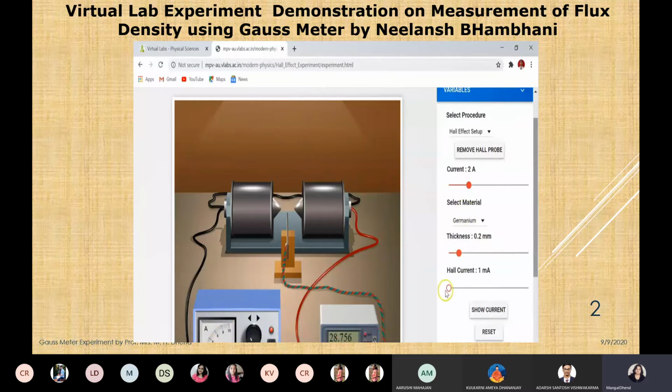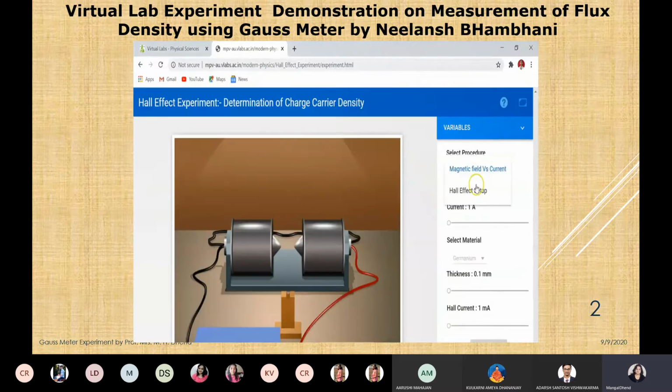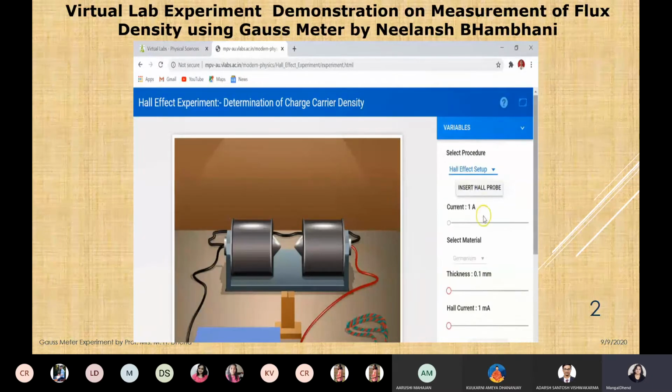As we increase the Hall current, the voltage will also change. 57.51, 2.57, 71.88, 3.5, 100.645. In this way, we can change the Hall effect and Hall current. Now press the reset button. Then again choose the Hall effect setup.